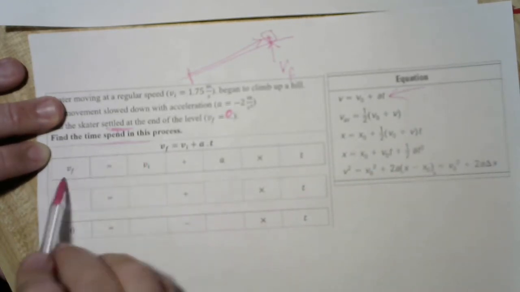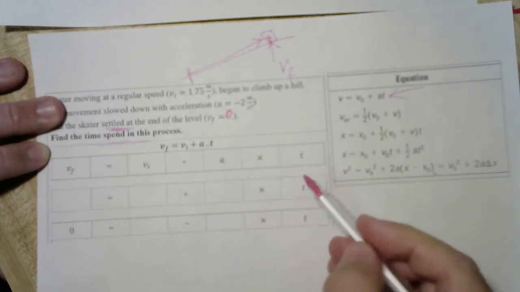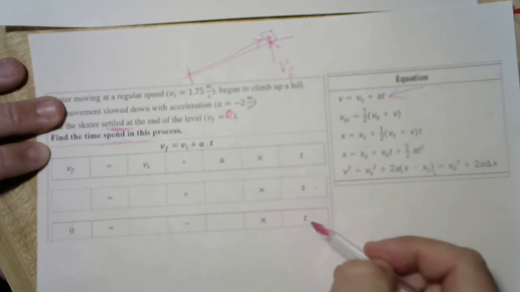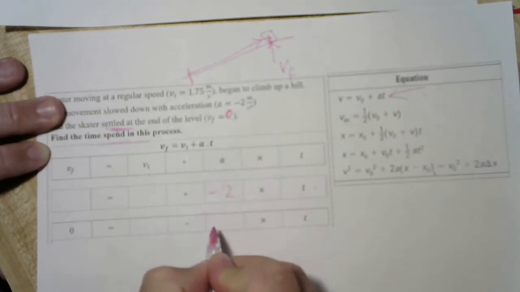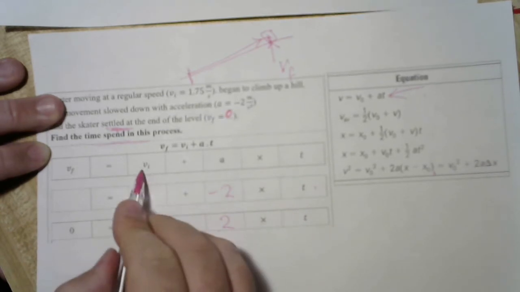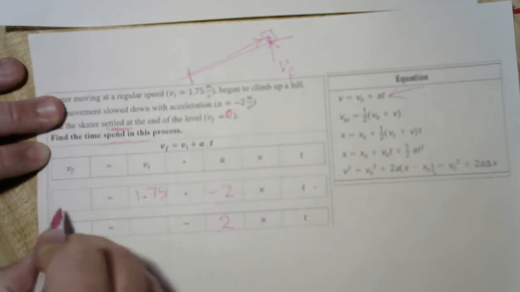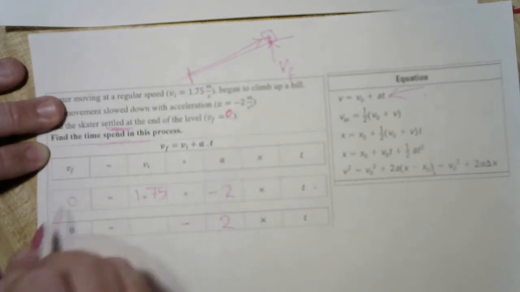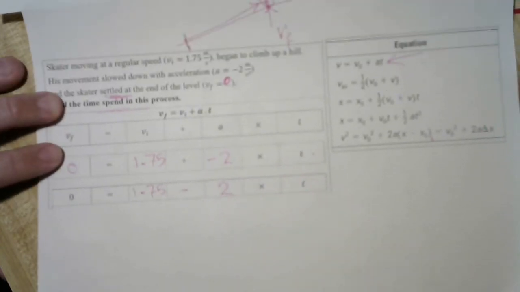V final is equal to V initial plus A multiplied by T. I need to compute T. I have the acceleration, which is -2. V initial is the same as this one, 1.75. V final is 0.